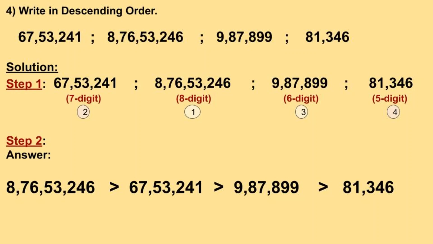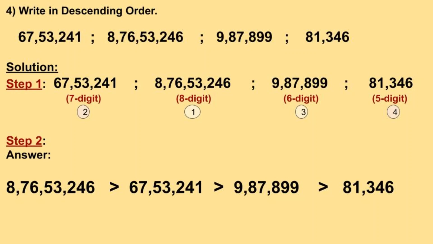Second, the 7-digit number is the second largest. The third is the 6-digit number, 9,87,899. That comes the third largest, and the smallest number is 81,346.